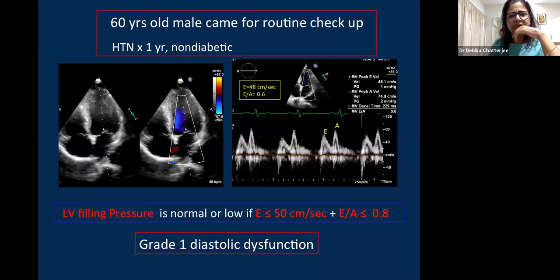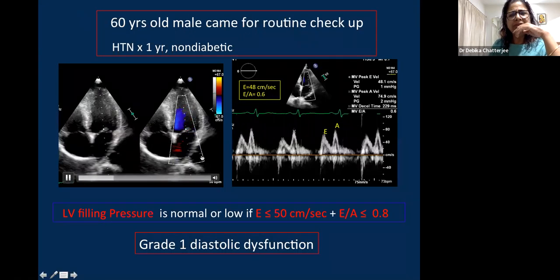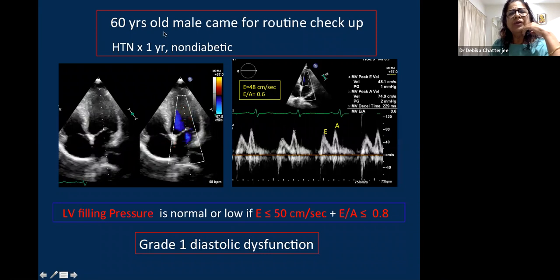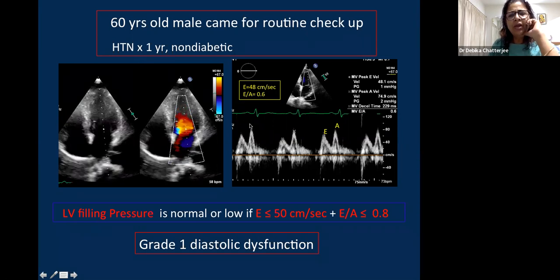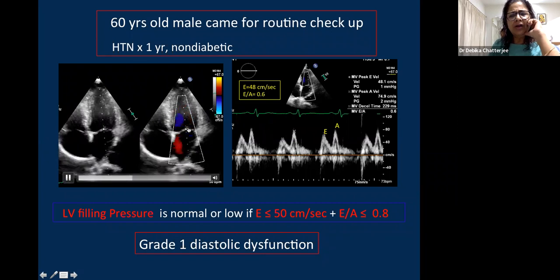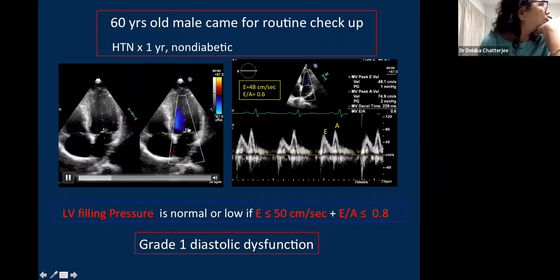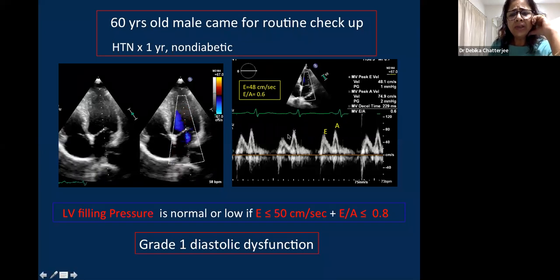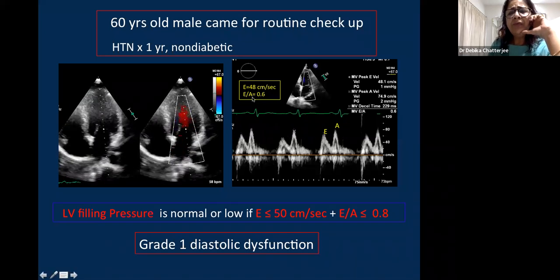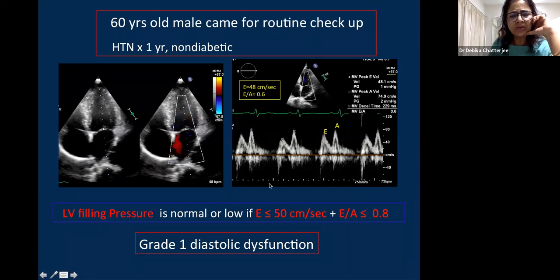Let's look at this patient. This is a patient who is 60 years old male, came for a routine checkup with a history of hypertension for 1 year, but non-diabetic. And I measure the mitral inflow pattern, where I see that E wave velocity is 48 centimeter per second and EA ratio is 0.6.